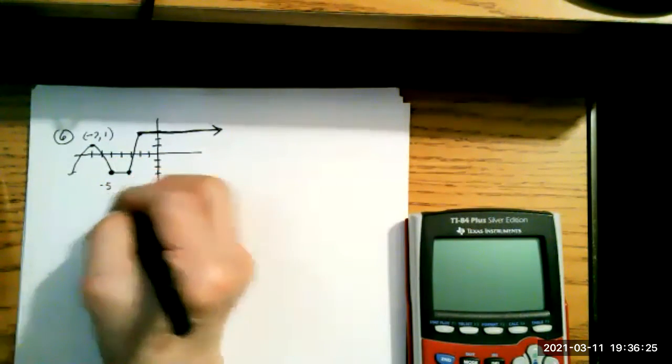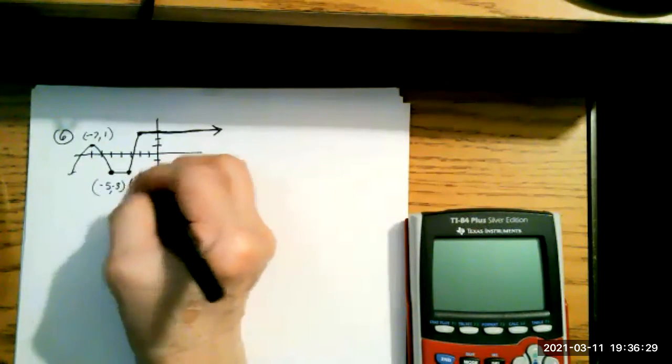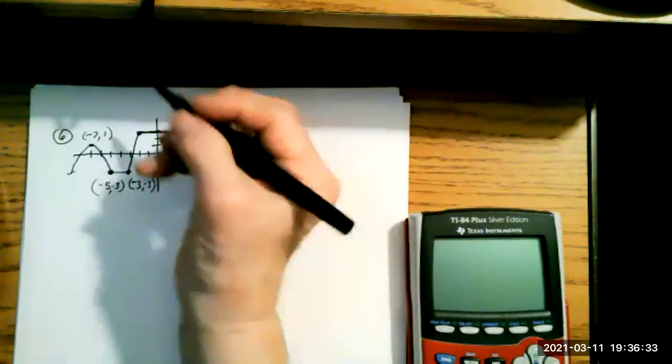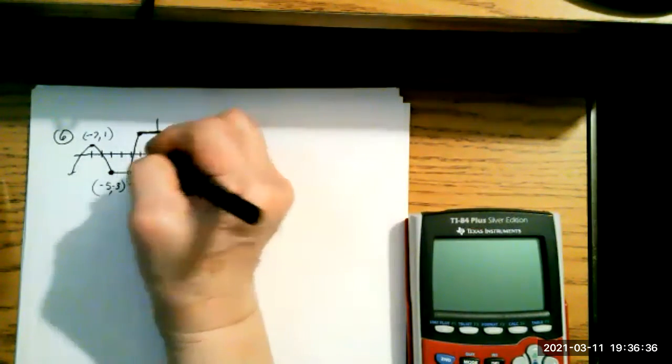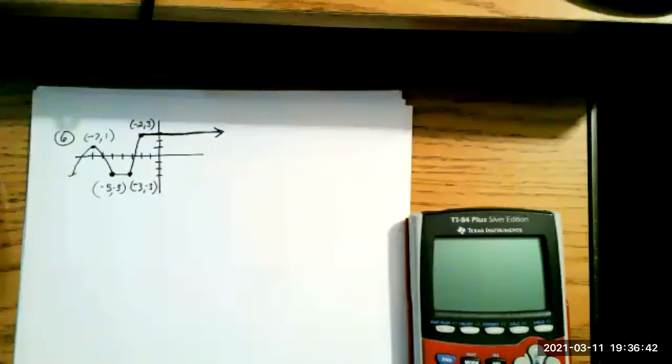That's -5, -3. This one is -3, -3. And this one is 1, 2, -2, 3. And of course, that's infinity over there.